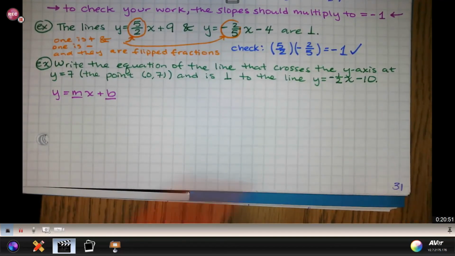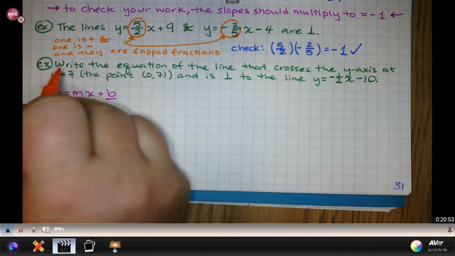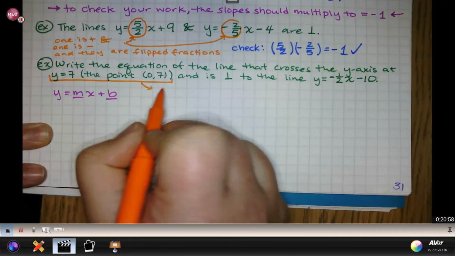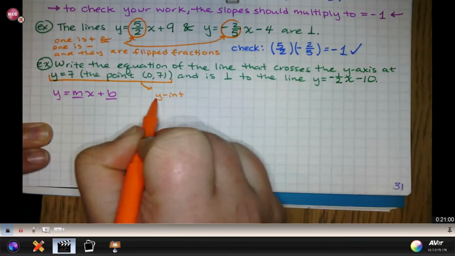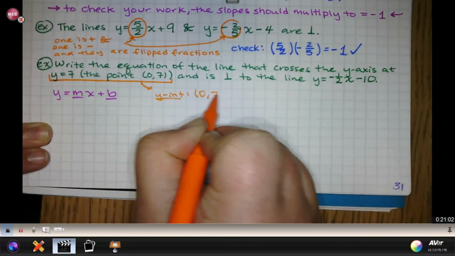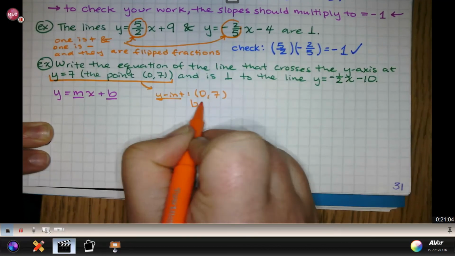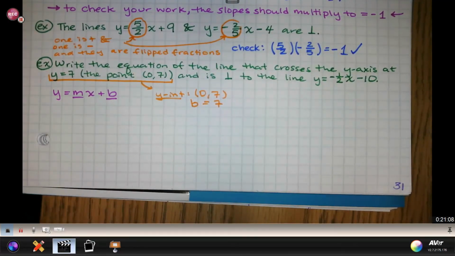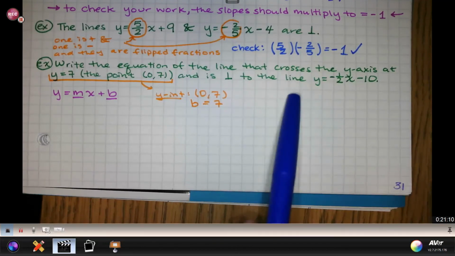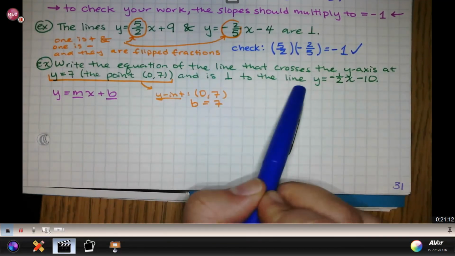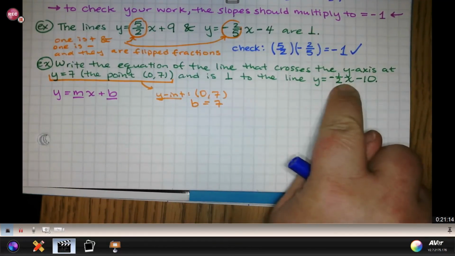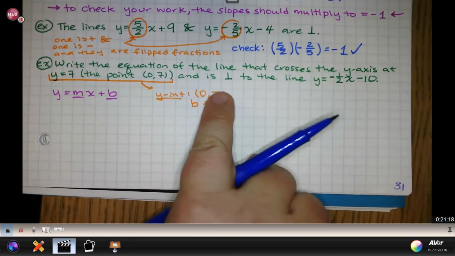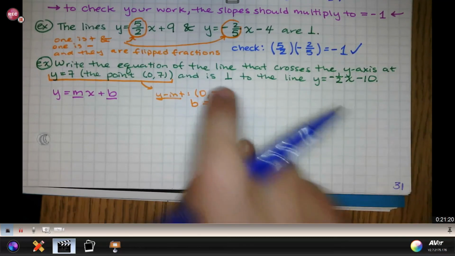Okay, now just like before, I have the y-intercept given to me. I know that the y-int is 0, 7, or you can write it b equals 7. That's what's going to go in for b. Now again, to get my slope, I need to use the fact that it's perpendicular to this, because it doesn't tell me the slope, but it gives me a clue, because I need to memorize what perpendicular means.